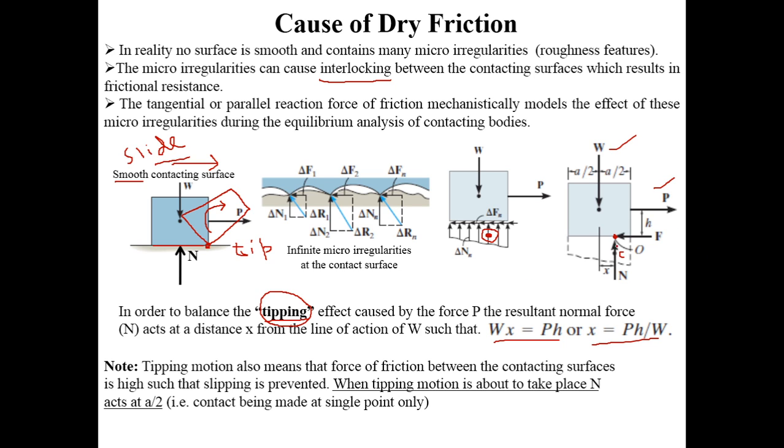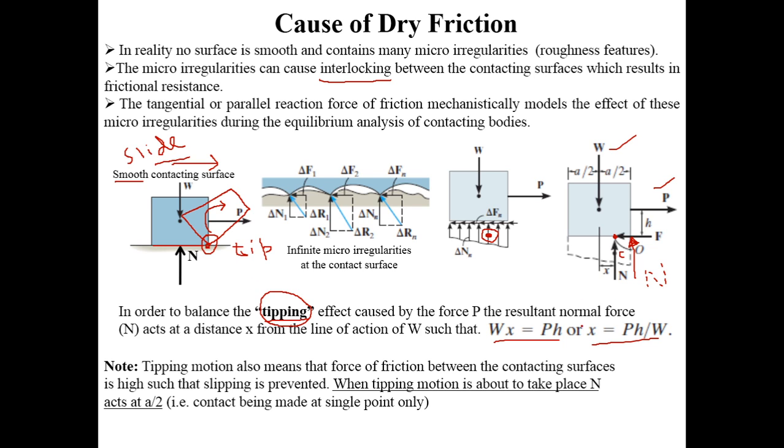So this normal will shift itself to this point when the body is just about to tip over. From this point, which is the centroid of the loading diagram, the normal reaction will move to just one point, which is the contacting point between the body and the surface, just at the point where the tipping is taking place.